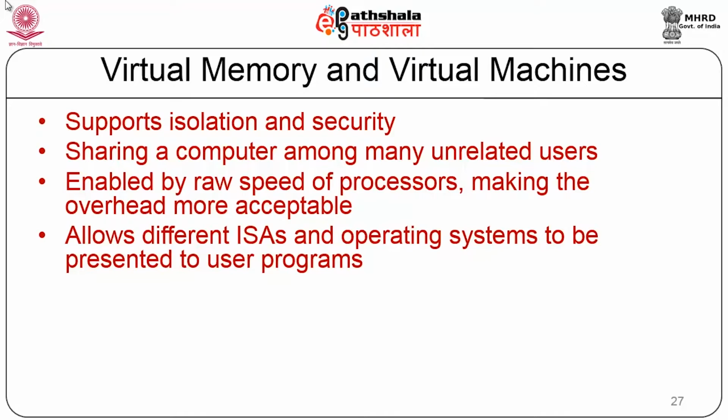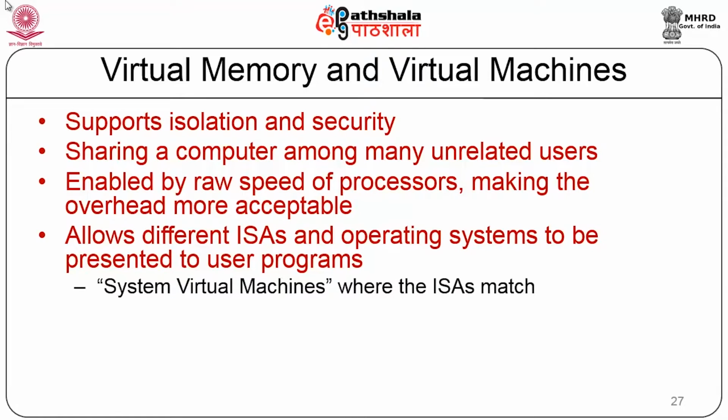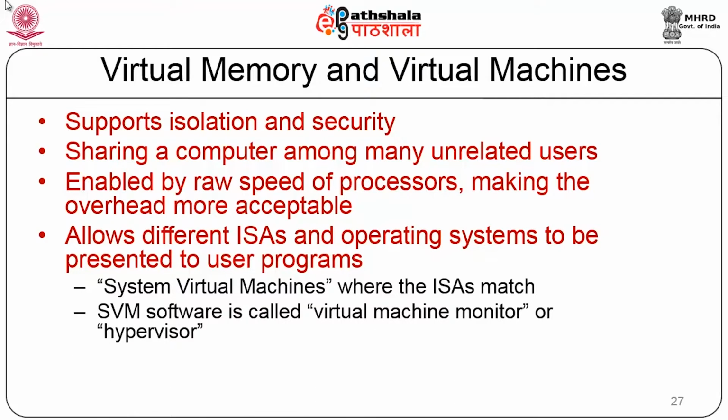And there are two different ways of implementing it. When you look at the instruction set architecture, the ISA of the host can be different from the ISA of the virtual machine, or they can be the same. If the ISA of both the host and the virtual machine are the same, then it is called a system virtual machine. And the virtual machine software is normally called a virtual machine monitor or a hypervisor.